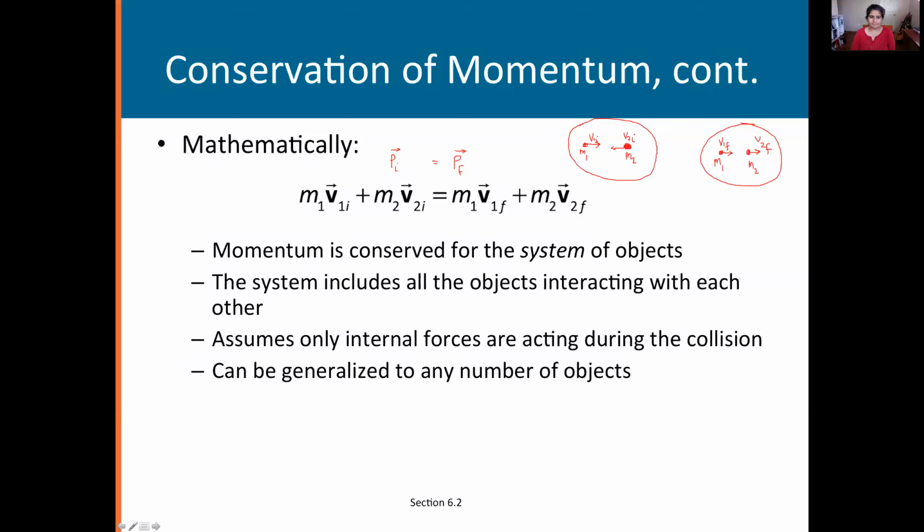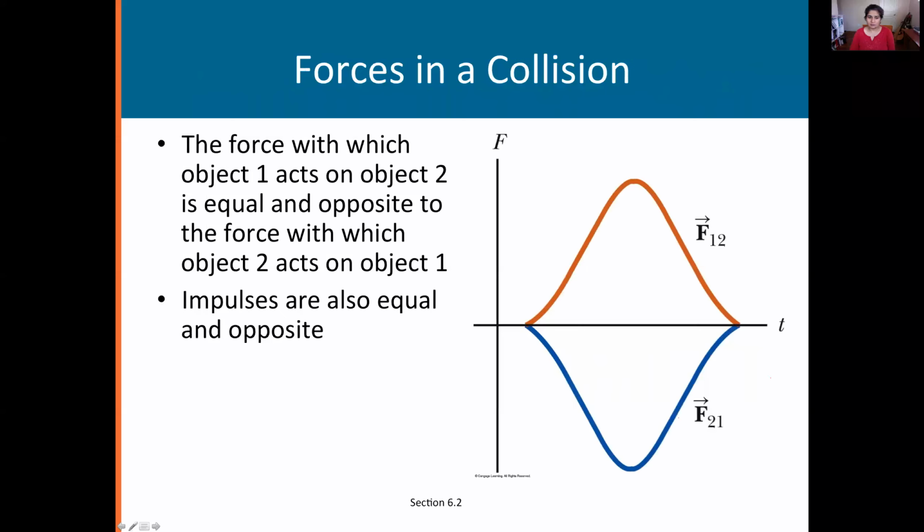So here we have a mathematical equation that represents our system. From the conservation of linear momentum, we now have a relationship between the before and after of the system, before and after collision.